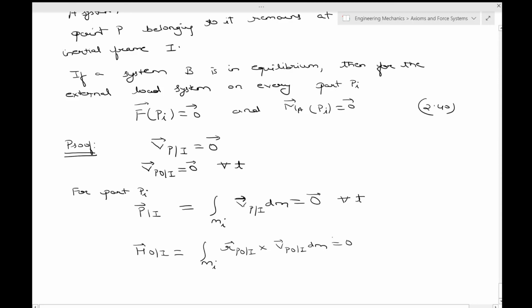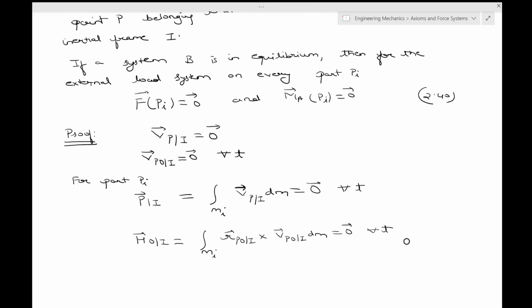This would also be equal to 0 for all t, just because VPO in the I frame is equal to 0 because of this.